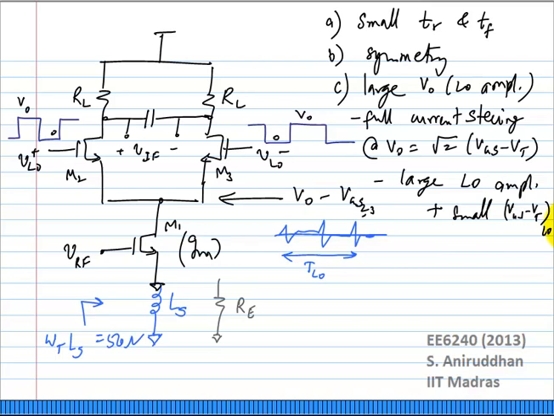So when you say you want a large LO amplitude, you want it very large compared to root 2 times VGS minus VT, so that the devices spend as little time as possible in the region when both devices M2 and M3 are on at the same time. That is what you want to prevent. Okay, and having very small TR and TF will also accomplish the same thing. Okay, so now we have some idea of how to design the LO switches also.